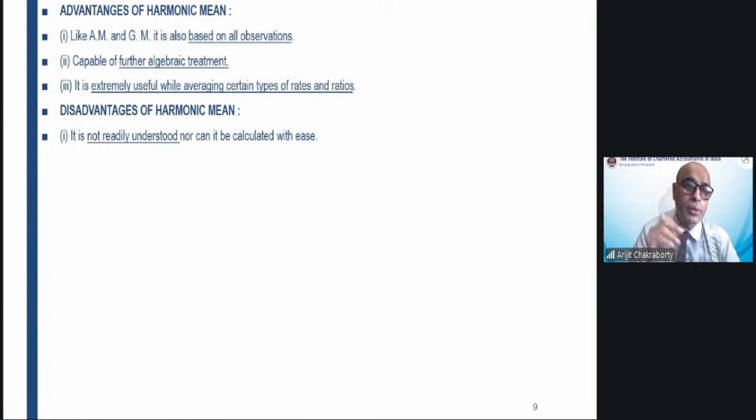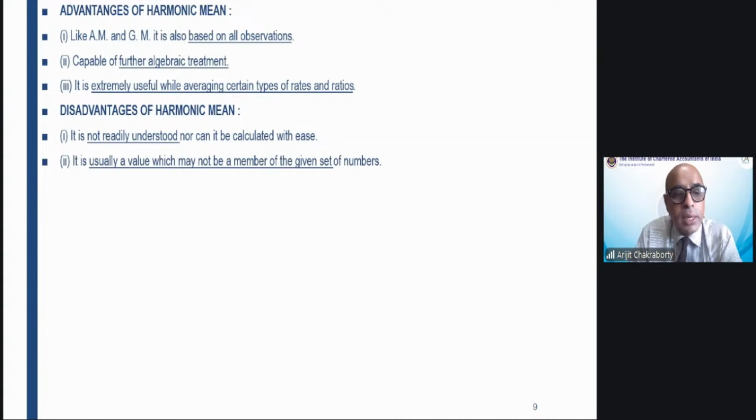So for both understanding the concept and the calculation, harmonic mean is a little difficult to comprehend and absorb when you compare it with arithmetic mean. So we agree to point number one. The second point is that it is usually a value which may not be a member of the given set of numbers. We arrive at a value which may not be a specific number in the given set.